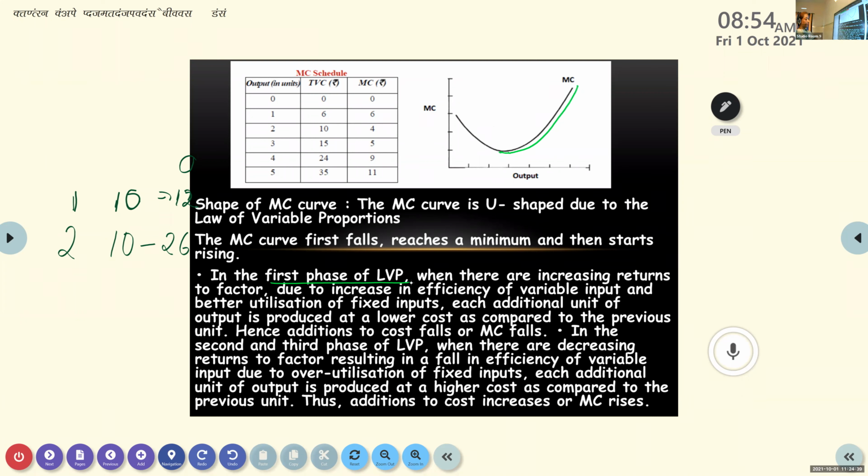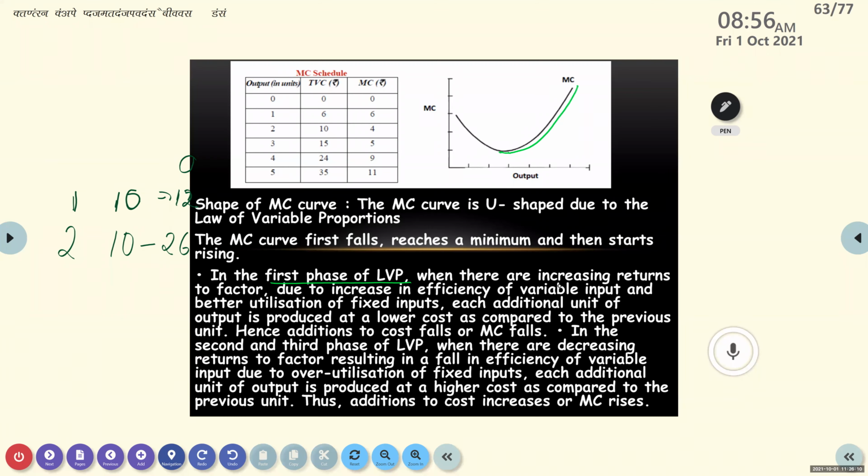How is it? What features can you see regarding MC in the first phase?